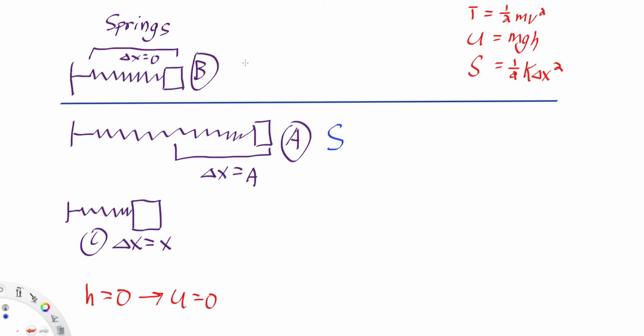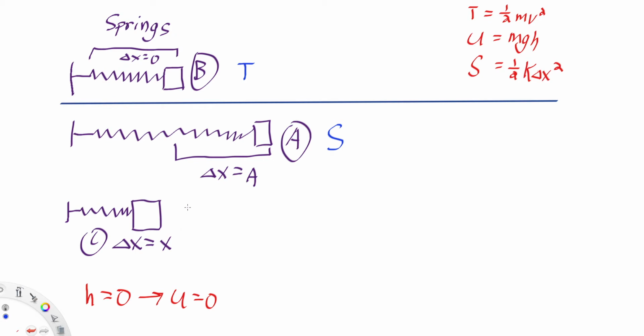Yeah, at B we have just kinetic energy. And what about at C? What kind of energy do we have at C? Yep, at C we've got both.